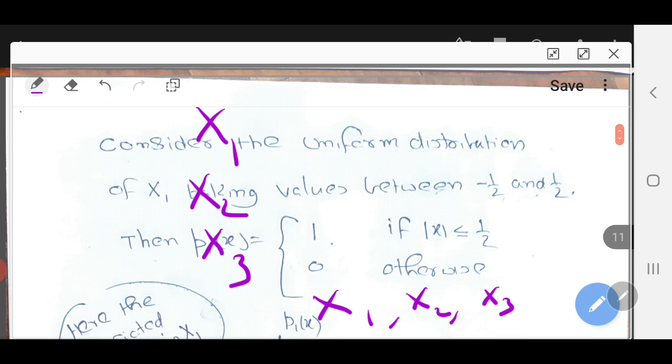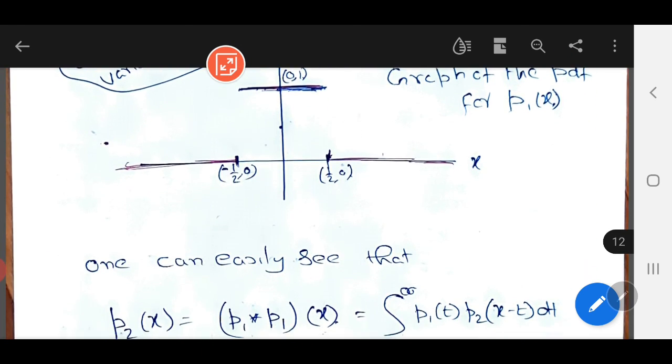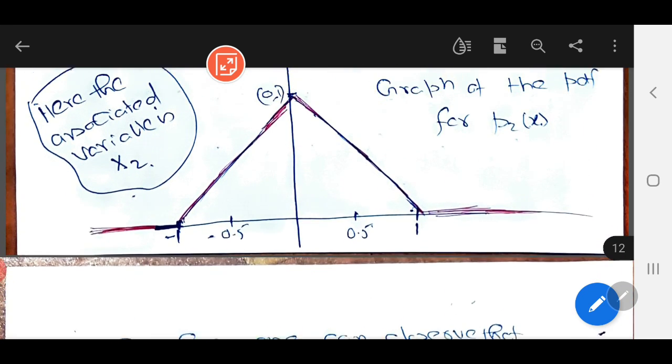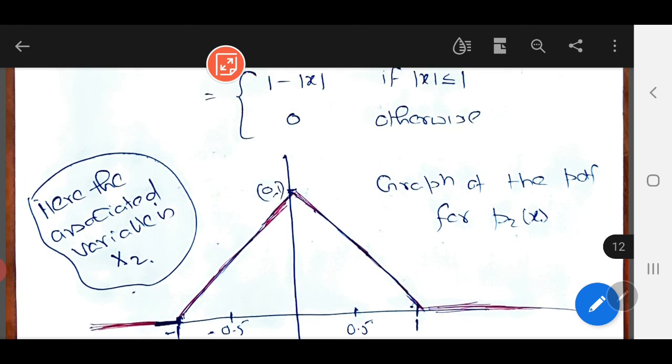In each of the cases they are independent variables, but they are not identically distributed. In the continuous case you can easily see this distribution curve is different from this distribution curve. Identically means you have the same curve. We are not having the same curve, but they are independent.